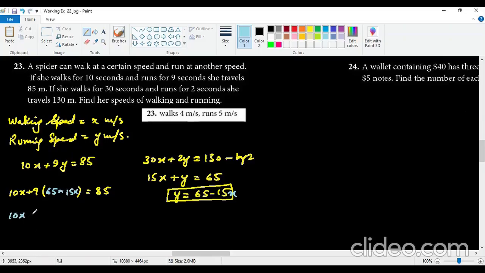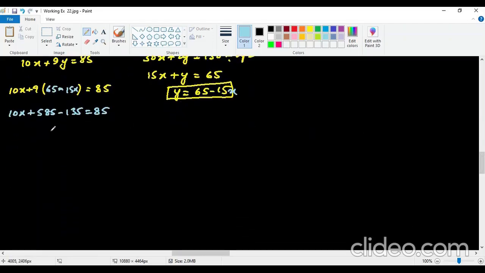Now this is 10x plus 585 minus 135x equals 85. Now I will bring the like terms together. 10x minus 135x is going to be negative 125x, and 85 minus 585 will give me negative 500.